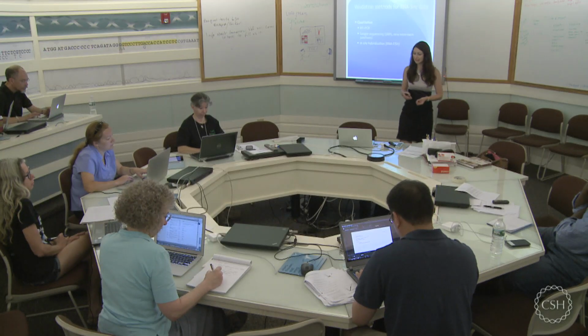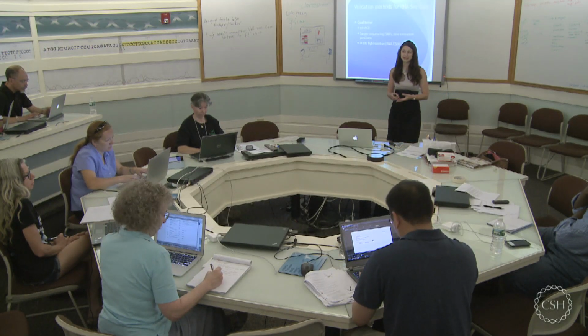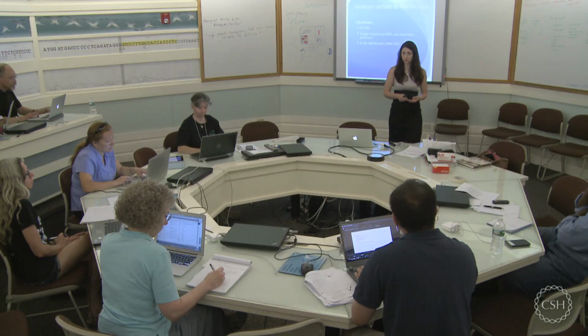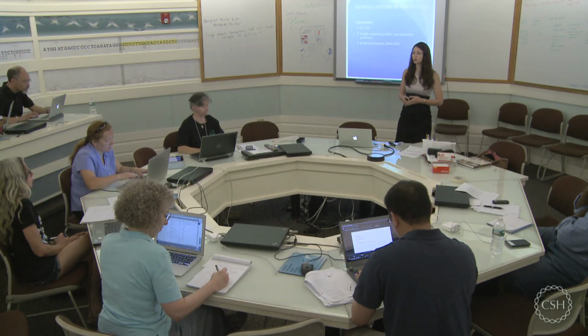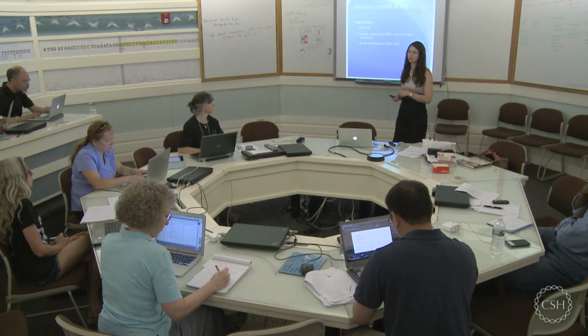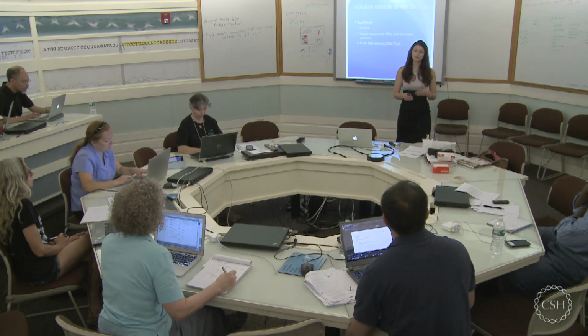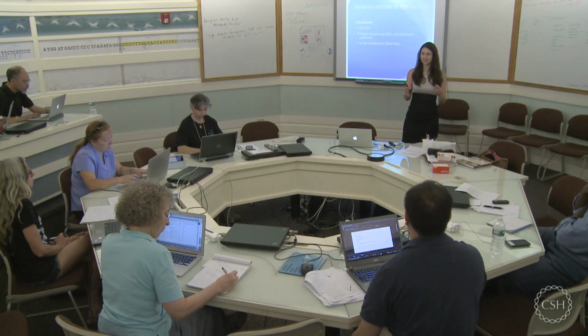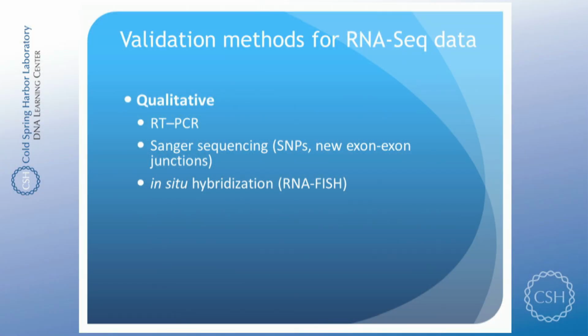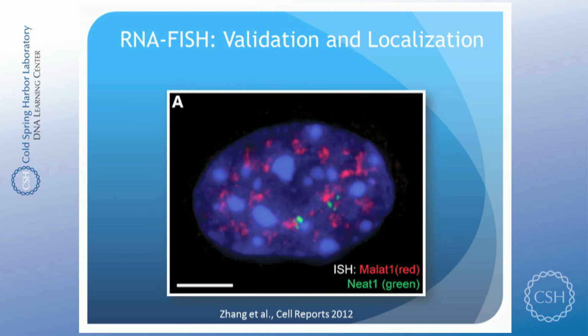If you are interested in finding new exon-exon junctions, or maybe some SNPs at some stage, you could also use classical Sanger sequencing to verify these kinds of things. And finally, if you would actually like to see your transcript in the cells, you can do in situ hybridization like RNA-FISH. And I just quickly want to show you a picture, which is actually from a publication from our lab, the Spector lab.